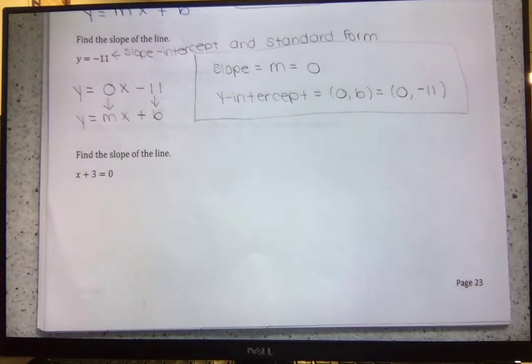The next one's going to be similar. Before we go there, what questions do you have for me? By the way, looking at y equals negative 11, what does this line look like? Horizontal. Yeah, it's horizontal. Good. Thank you.